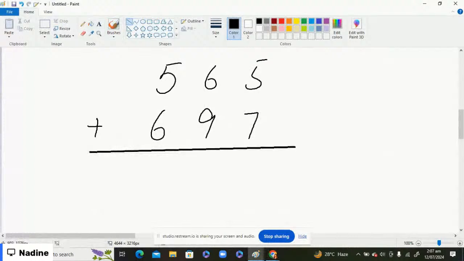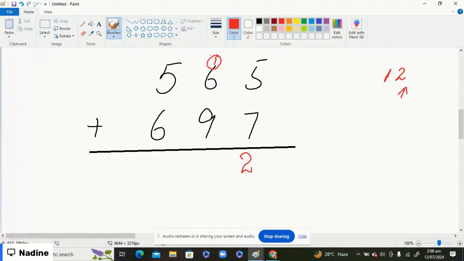So when we solve it, what's the answer we get? Now 5 plus 7. What is the answer of 5 plus 7? That is 12. So 2 you are going to put down here and 1 you are going to put as a carry.